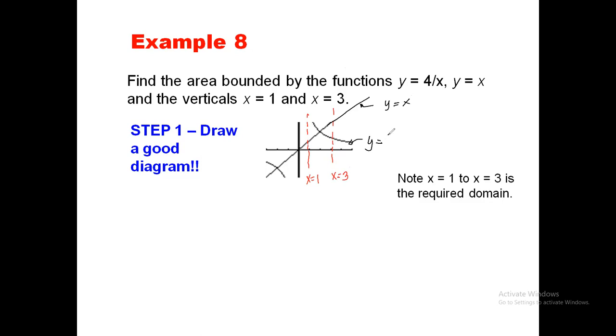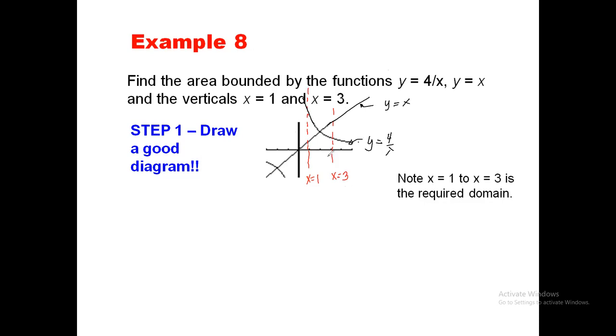Y is equal to 4 over x. So what do you think is the region that we're interested in here? Just continue the red part here. Continue, and then we'll extend the black part of the curve.